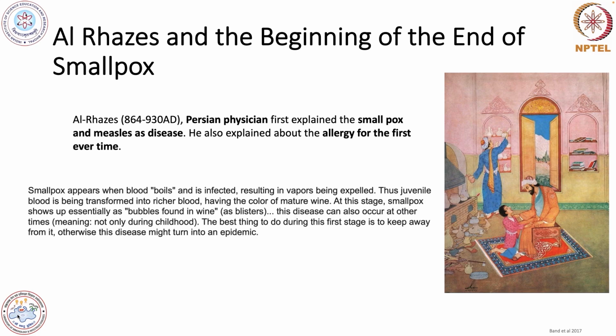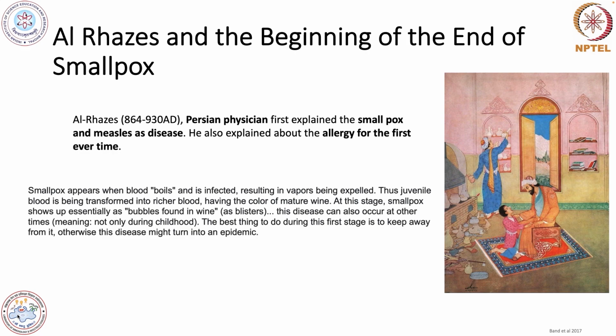About smallpox, he said that it appears when blood boils. Try to understand, they didn't have any scientific information. In that scenario, he at least gave the idea that this is a disease caused by something, not by the curse of God. So in very simple words, he explained smallpox.